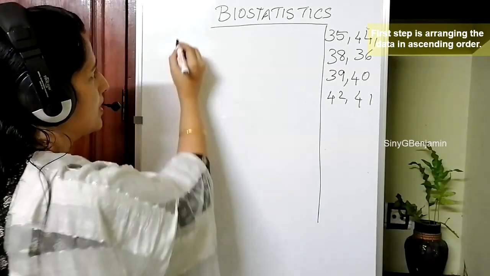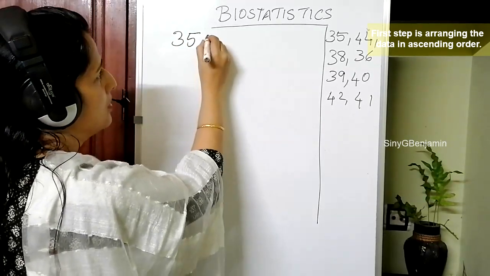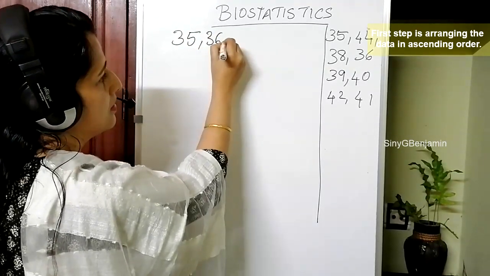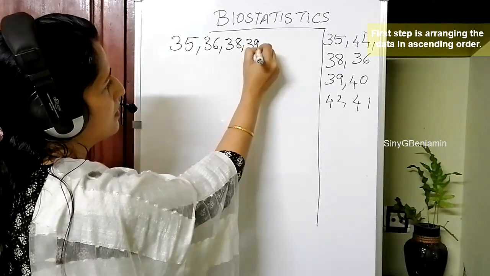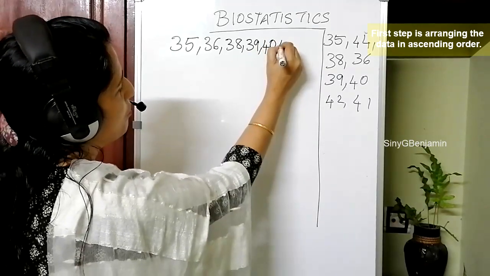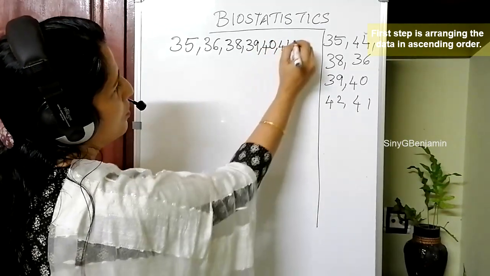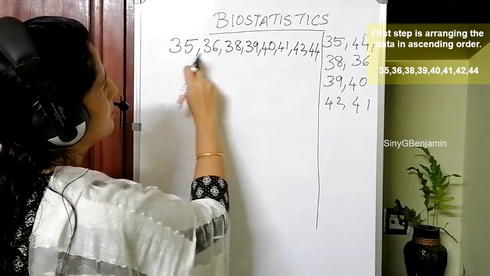I am here writing in the ascending order. So 35 is the lowest value, 36, then 38, 39, 40, 41, 42 and 44.